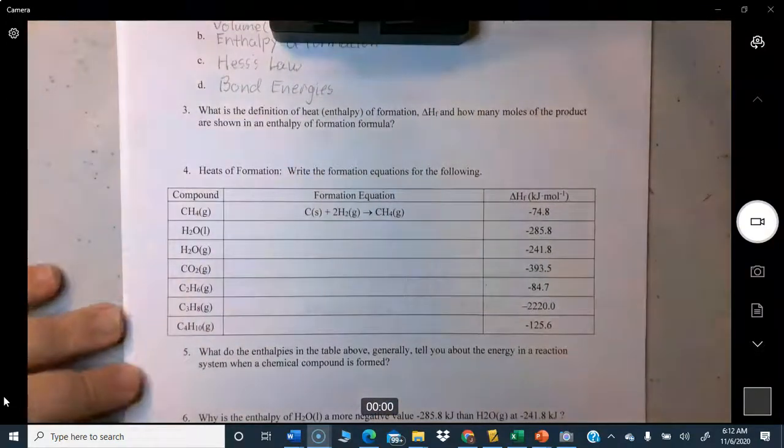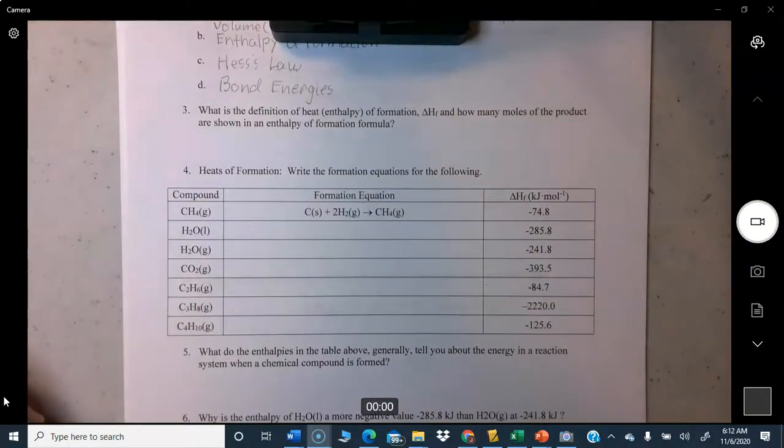All right, let's go down and answer some of these questions. What is the definition of heat of enthalpy of formation, HF, and how many moles of the product are shown in an enthalpy of formation formula?